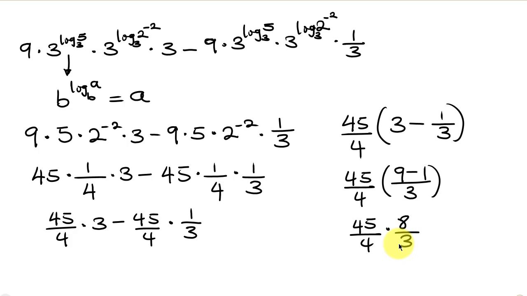So now let's reduce the fraction. We see that 4 divided by 4 is 1, 8 divided by 4 is 2, 3 divided by 3 is 1, 45 divided by 3 is 15. So we have 15 times 2, which results to 30. And this is what we have on the right hand side.